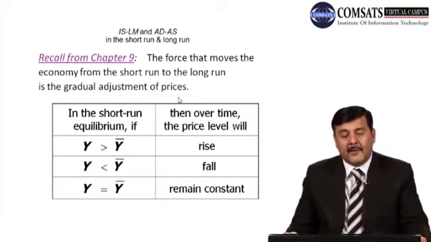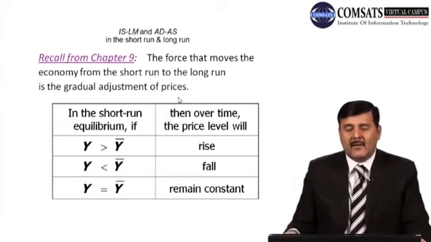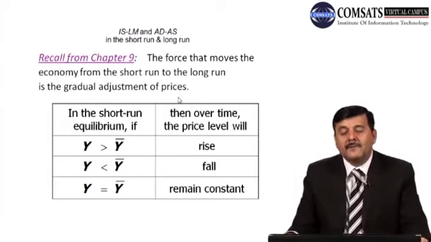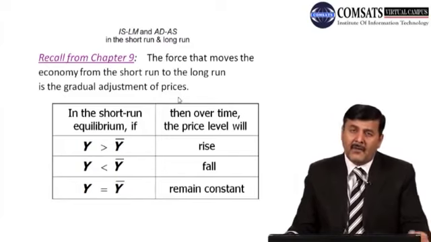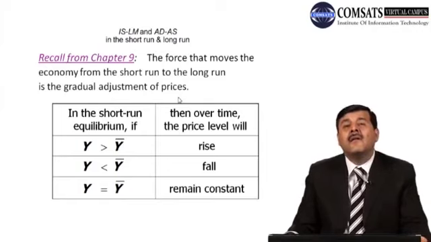We have two columns here. In the first column is the short run equilibrium, and then over time when the price level will change, there is a long run equilibrium. In short run equilibrium, in the short term period, when actual level of output is greater than the equilibrium level of output, what will happen?